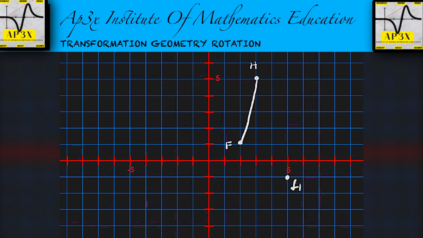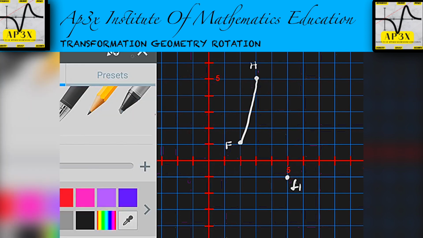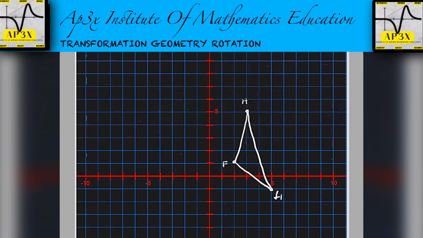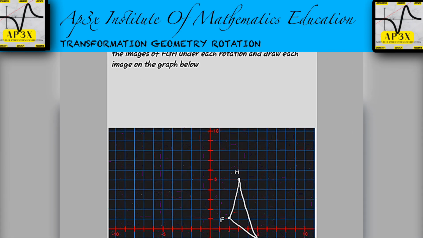Connecting them, we're forming this shape here. Oops, it's a bit lean there, guys. So we have this triangular shape here, and we're going to be rotating this through 90, through 180, and through 270.